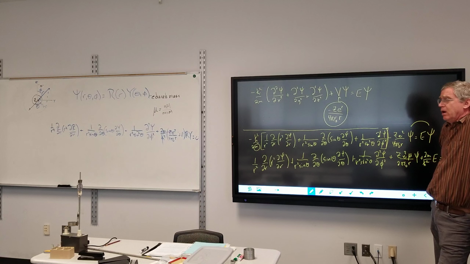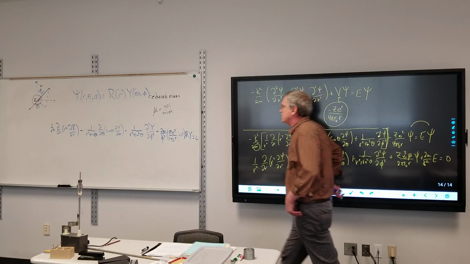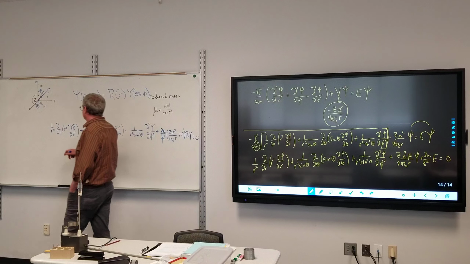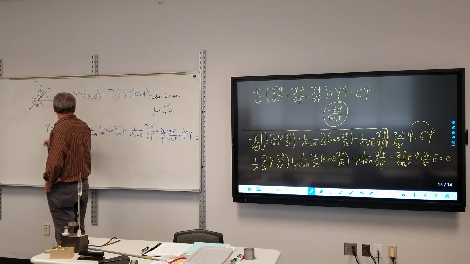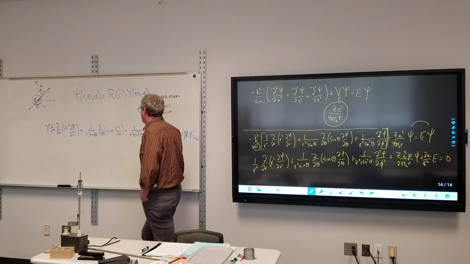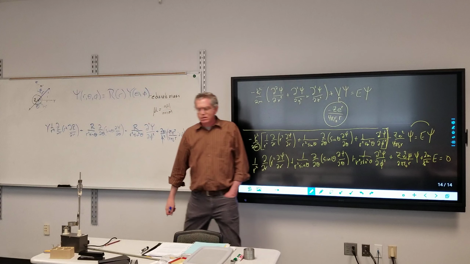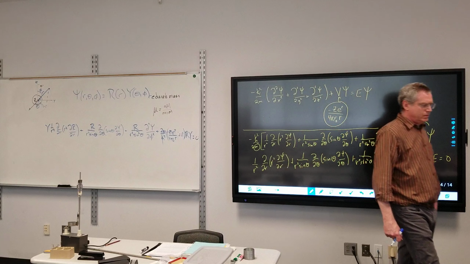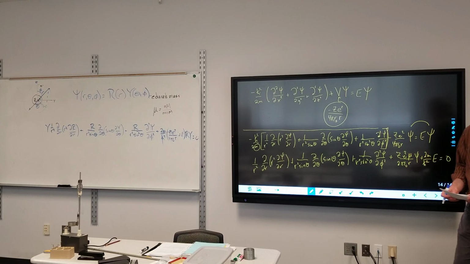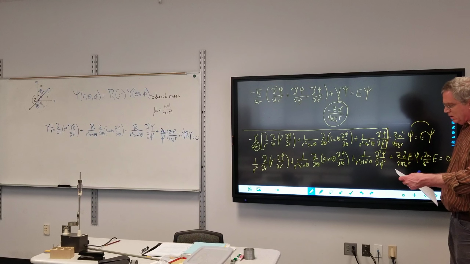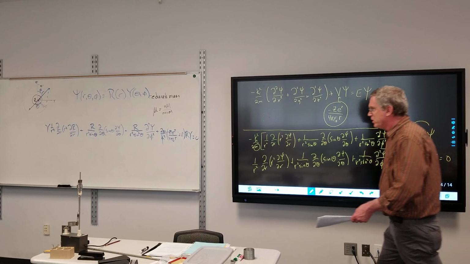Y doesn't depend upon r. I was right about that, but that doesn't mean it just goes away. It acts as a constant. And R doesn't go away, it just acts as a constant.